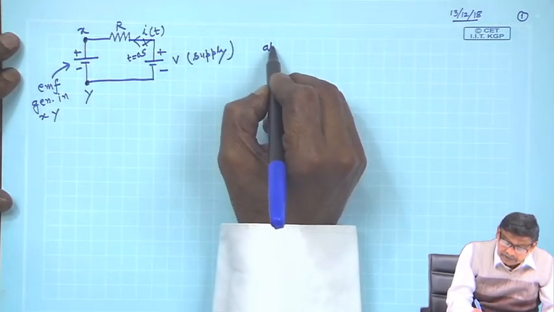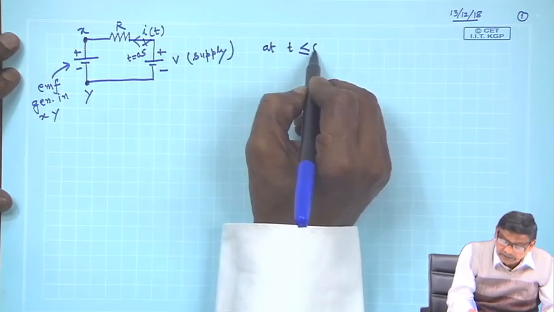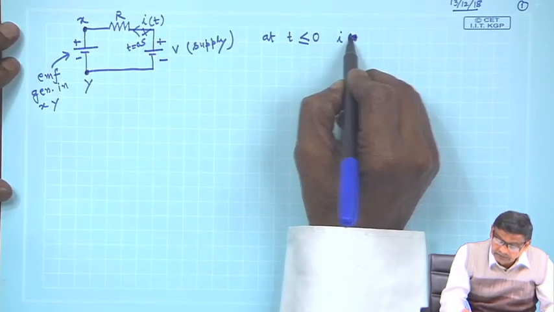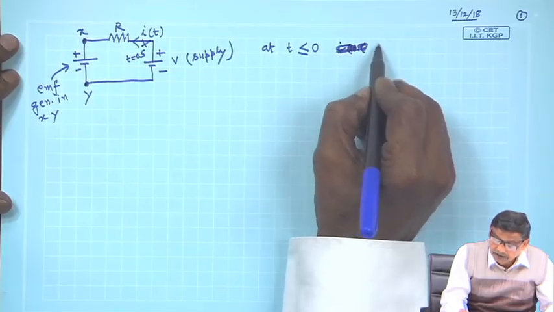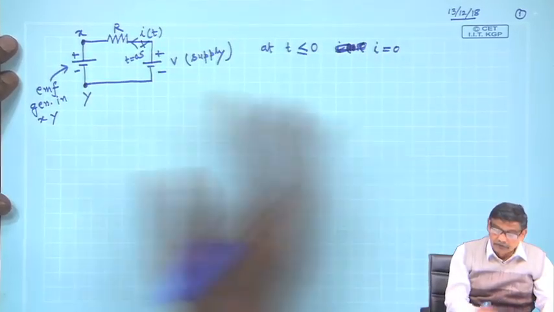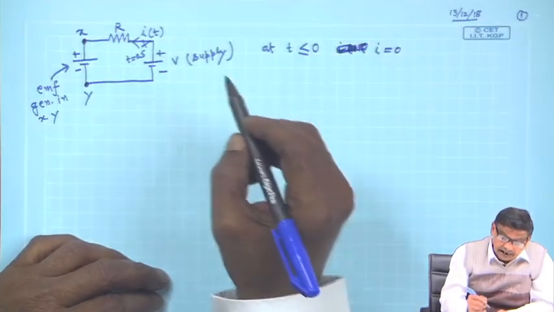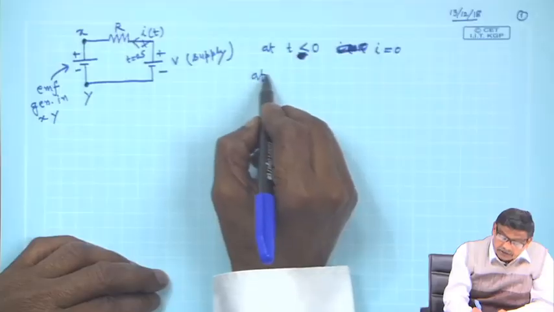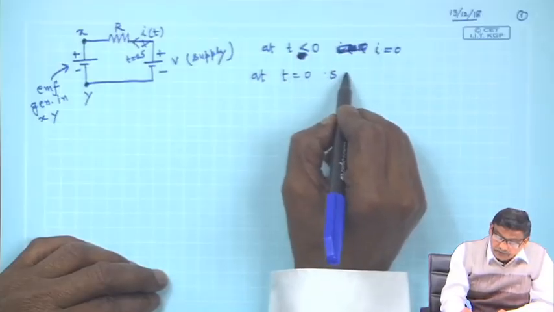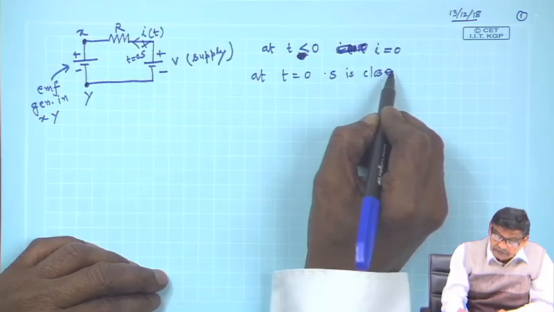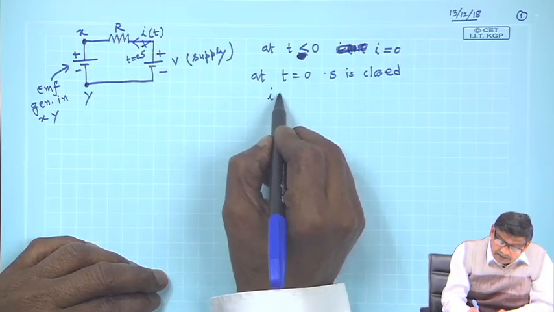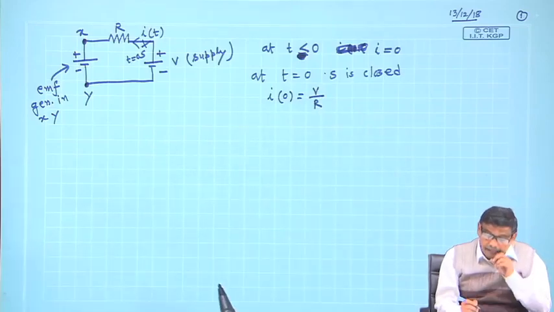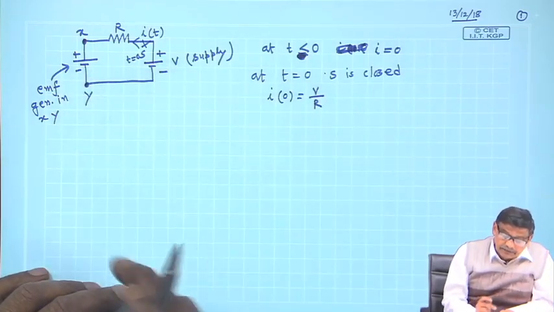So, at t less than or equal to 0, i was 0. At t equal to 0, S is closed, and therefore i(0) must be equal to V by R, and the conductor will experience a force.